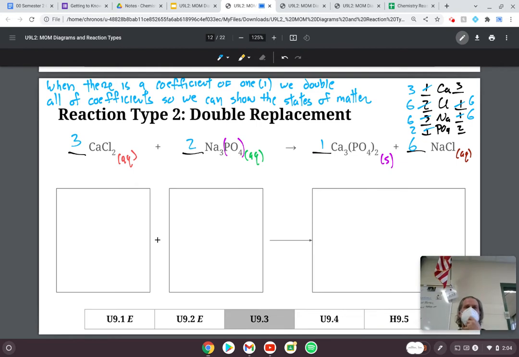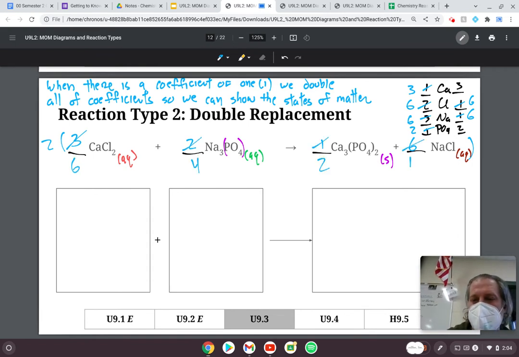So in this case, I'm going to double all of the coefficients by making this 3 a 6, this 2 a 4, this 1 a 2, and this 6 a 12.